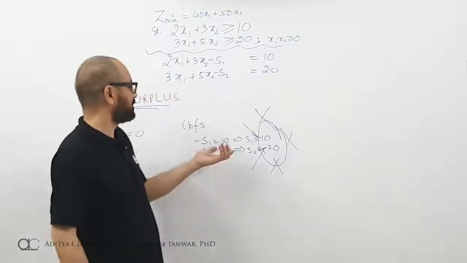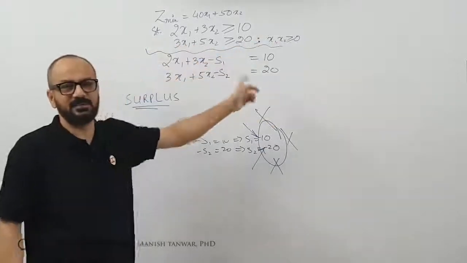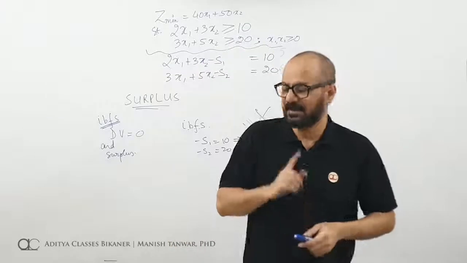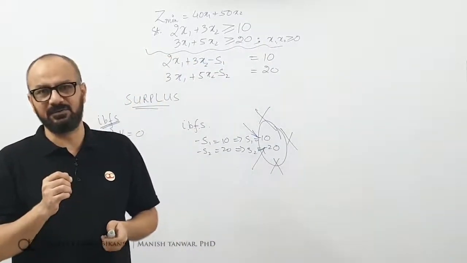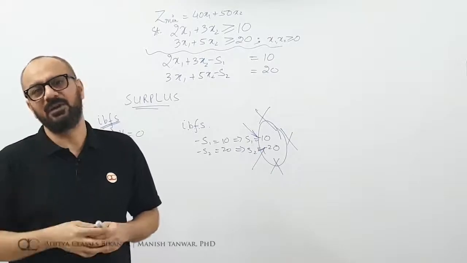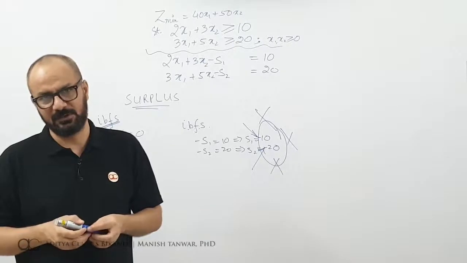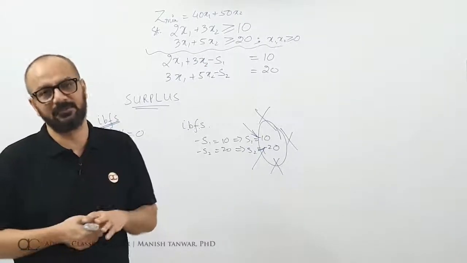Because if I do not make surplus variables 0, this becomes 0, minus S1 is equal to 10, S1 is equal to minus 10. So I am getting a negative start. But negative starts are not allowed. No variable in a simplex solution can start with a negative value. During the solution, they might end up in negative values. I will reject them. But nothing can start with a negative solution.